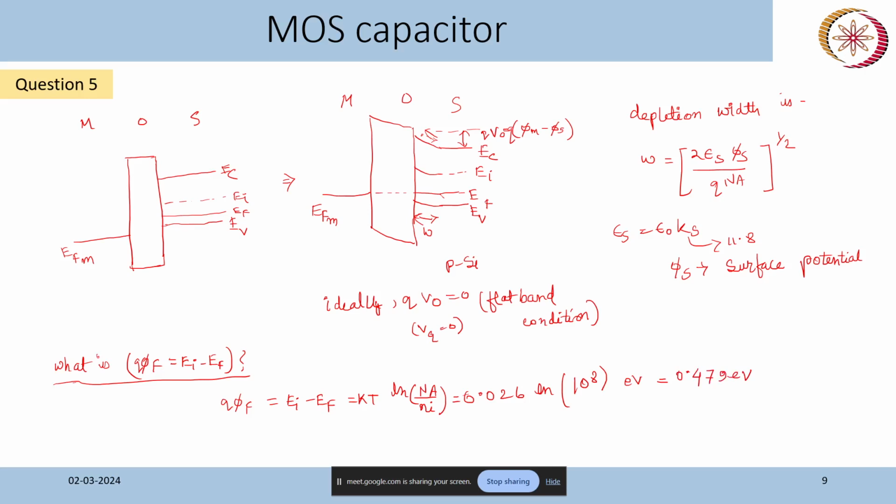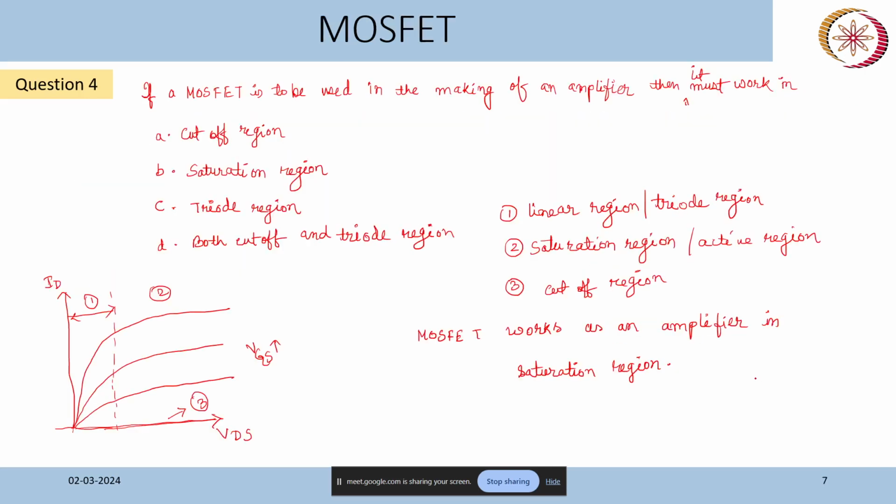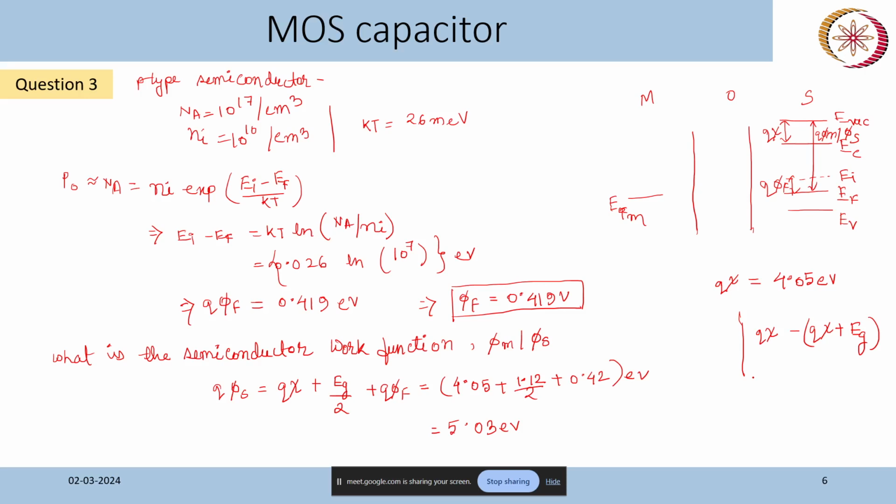Bulk potential phi f is 0.479 volt if we write only phi f. If we write in terms of electron volt, then Q phi f equals 0.479 electron volt. So the bulk potential for this case is 0.479 electron volt, and in the earlier question it was 0.419 volt.